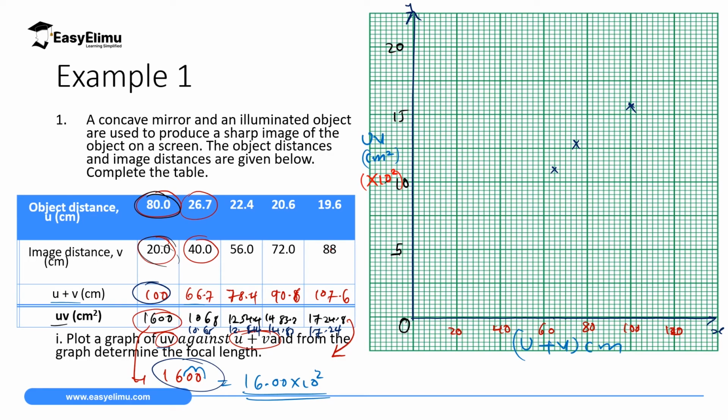Where we have 90.8, 90 is here. 90.8 is almost here. Then now the corresponding value on the y-axis is 14.82. 14.82 somewhere here. 90.8, it is here.